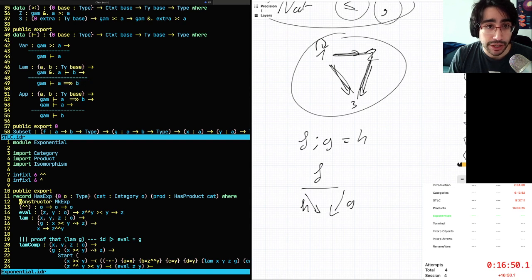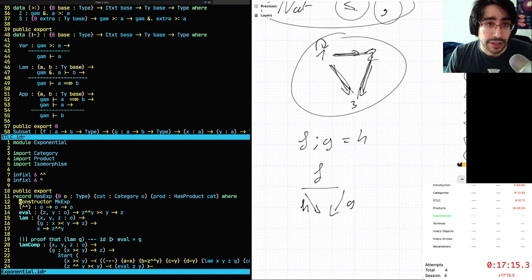So much like extending context, this is pairing up two things, right? It's pairing up an A and it's pairing up a B. I'm going to use the operator exponential to talk about this. Don't think of it as exponential quite yet. Think of it as just pairing up two things that we care about. But those two things, they're different than product because they have those rules attached to it.